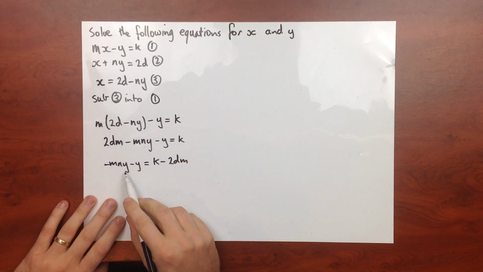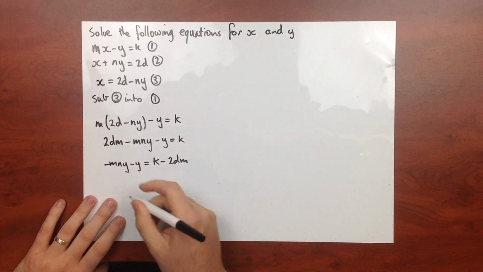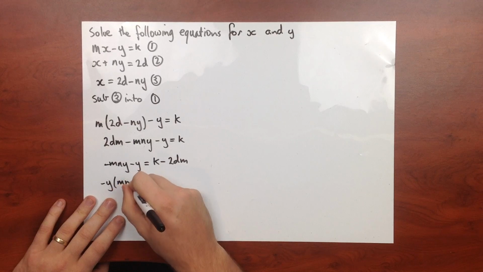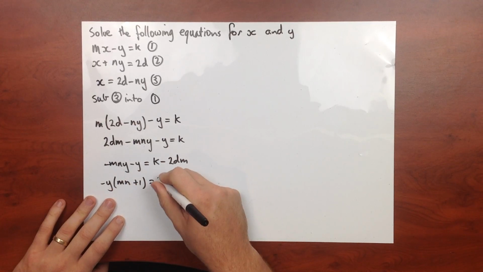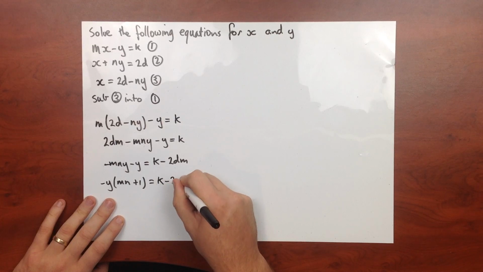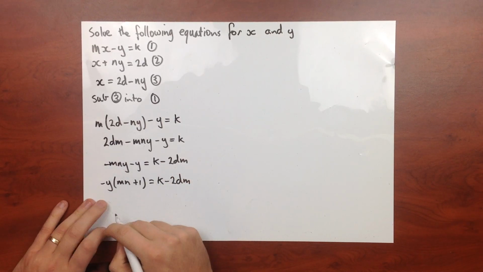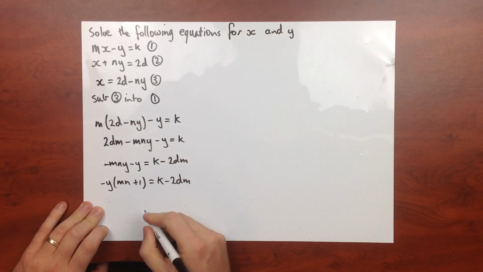I'm going to take out y as a common factor here. Well, I actually take out negative y, and make it negative y outside of mn plus 1 equals k minus 2dm. Now I can get rid of this negative by changing my signs on this side.